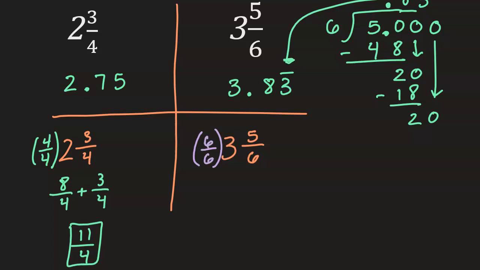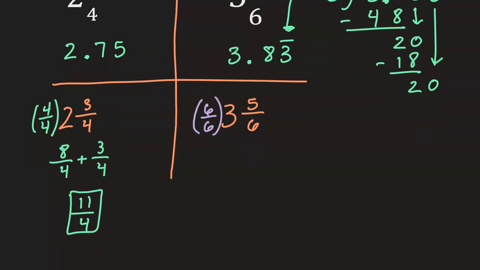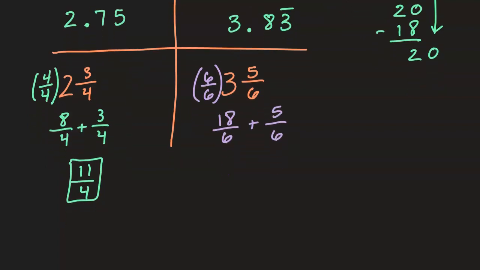I'm going to multiply by 6 over 6. And again, we multiply the numerator times the whole number. 6 times 3 is 18 over 6 plus 5/6. 18 plus 5 is 23 over 6. And that's my improper fraction.